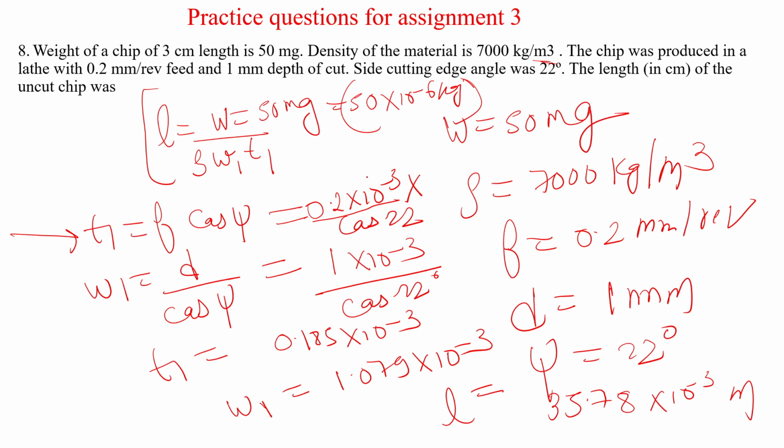You understood this? 50 milligram should be equal to 50 into 10 to the power minus 6 kilogram. The final answer will be this, 35.78 into 10 to the power minus 3 meter. Please do it.